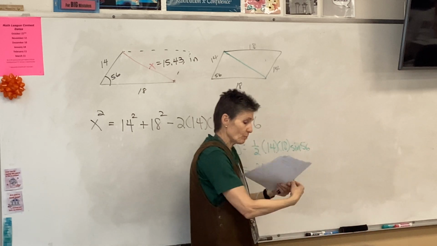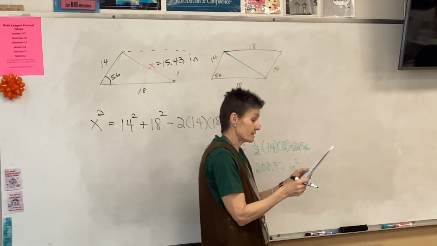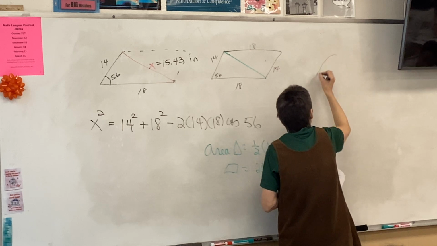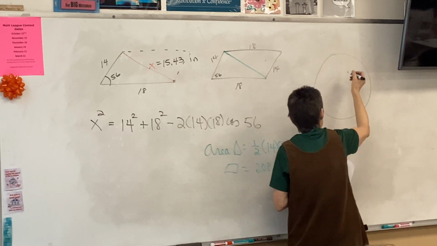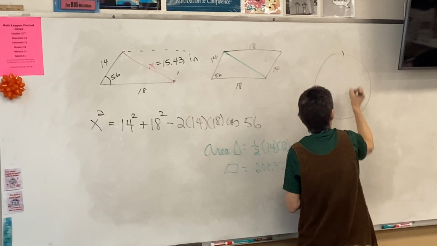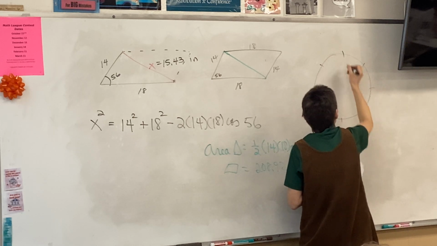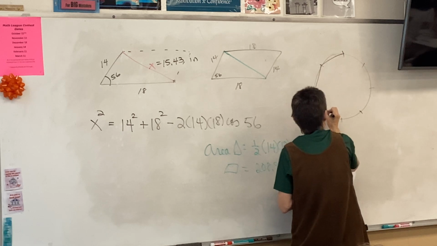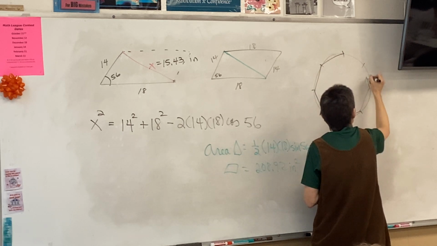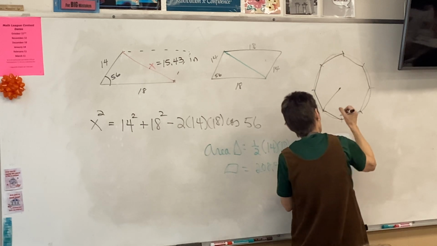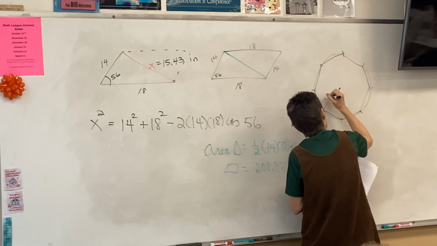All right, number 3, this is different. Find the perimeter of a regular octagon. So what does octagon mean? Eight. So there's my octagon with a radius of 22.